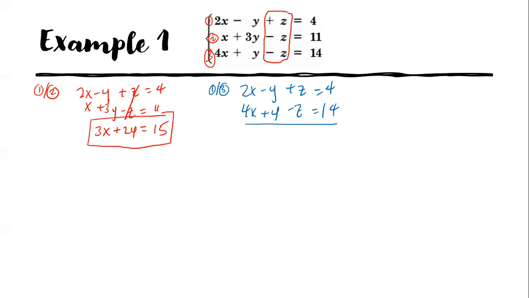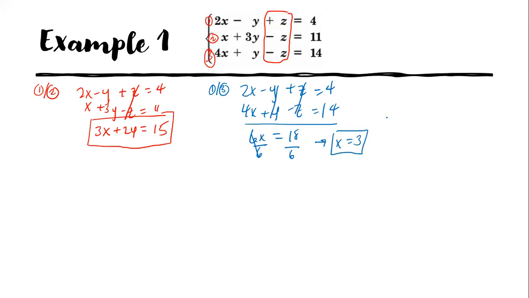And again, our z's are going to cancel out. We're left with 6x, and what happens here? Our y's also cancel out. Equals 4 plus 14 makes 18. Okay? We could actually solve for x here. So we're going to divide by 6, and we get x equals 3.